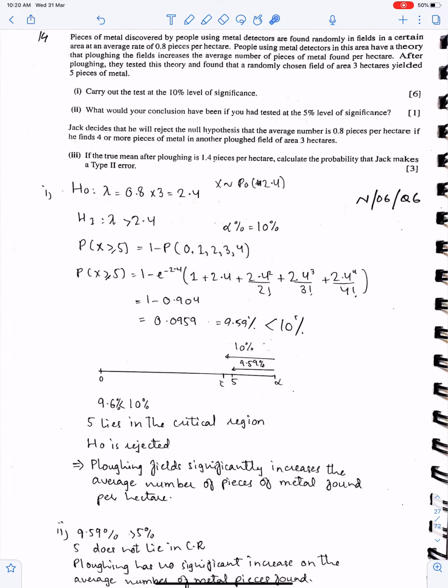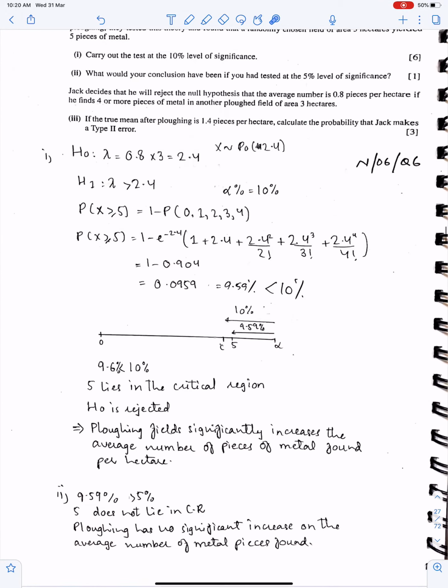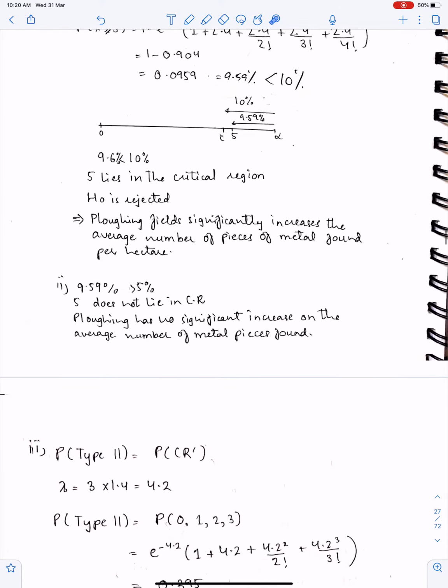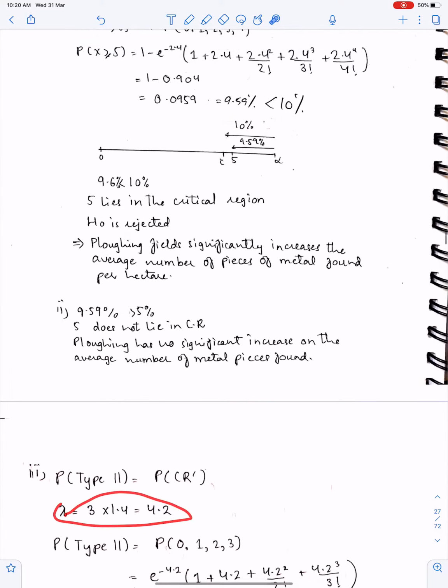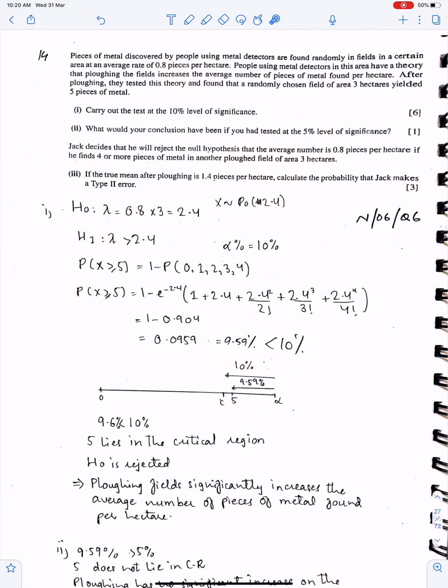Jack decides that he will reject the null hypothesis that the average is 0.8 pieces per hectare if he finds 4 or more pieces of metal in another ploughed field of area 3 hectares. So the new lambda is 4.2, which is 3 into 1.4, where 1.4 is given.